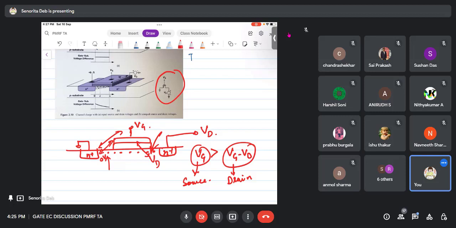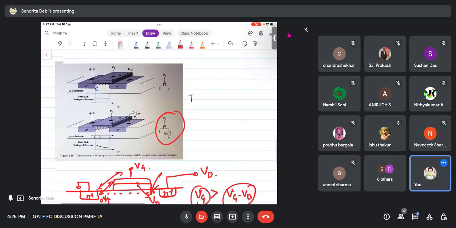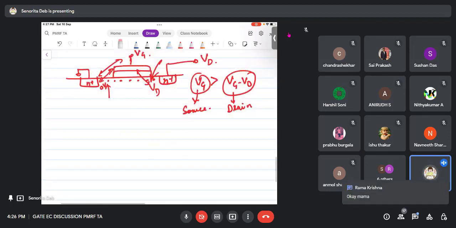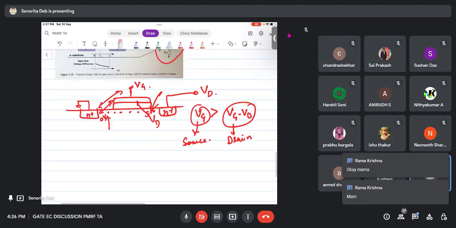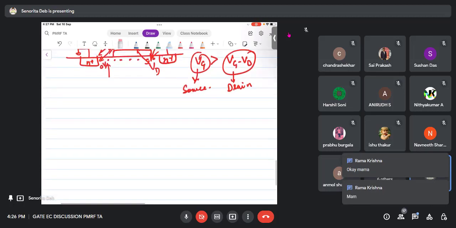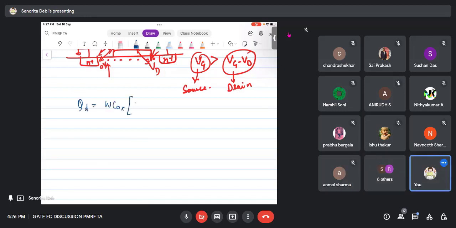So we come across that there is a potential difference. Now we had seen that the charge was given by Vgs minus Vth. That is what we had written.